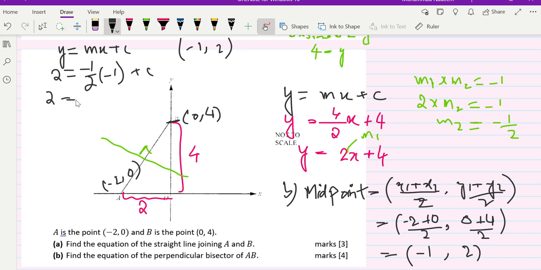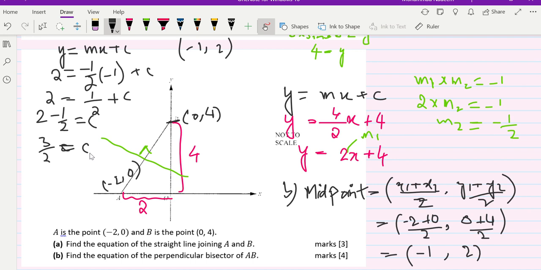So 2 equals plus 1/2 plus c. 1/2 will be shifted to the other side and subtracted from 2, and c will be 4 minus 1, by making the denominator similar here, 4 minus 1, that is 3 by 2. This is the value of c.